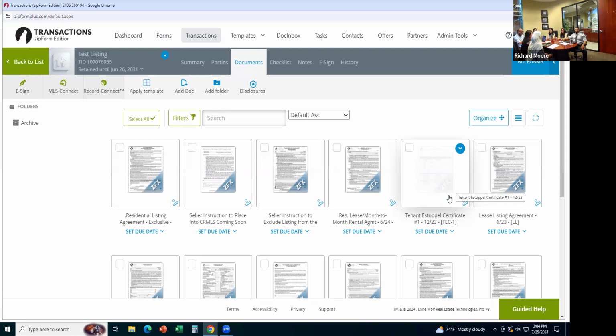No. But we're gonna update the checklist in SkySlope to include this on the transaction side if applicable. So if you're representing the seller and then you add the listing and you convert it to a transaction, you won't have to upload it, unless the buyer sends it to you along with their purchase contract. We'll make it if applicable on the transaction side, but we are gonna change the checklist a little bit to include some of these forms.